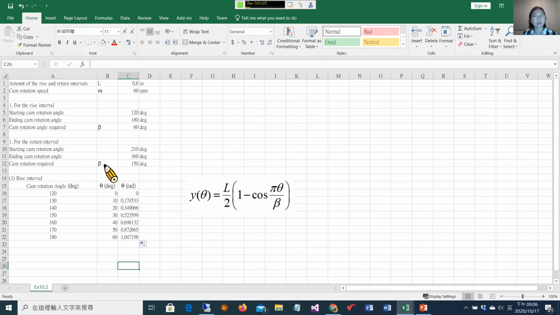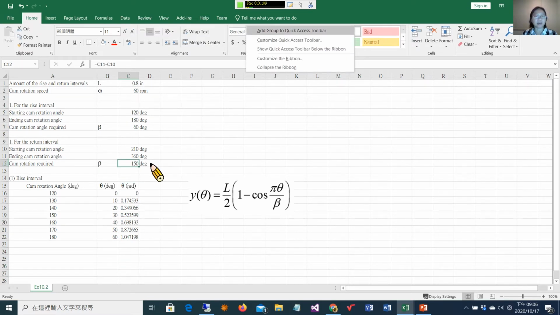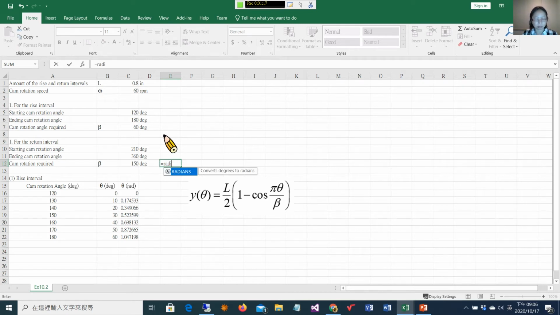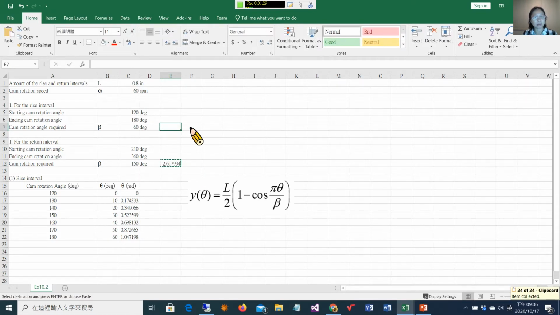Here we need to use beta, which also must be in radians. So put the radians function here and here too.